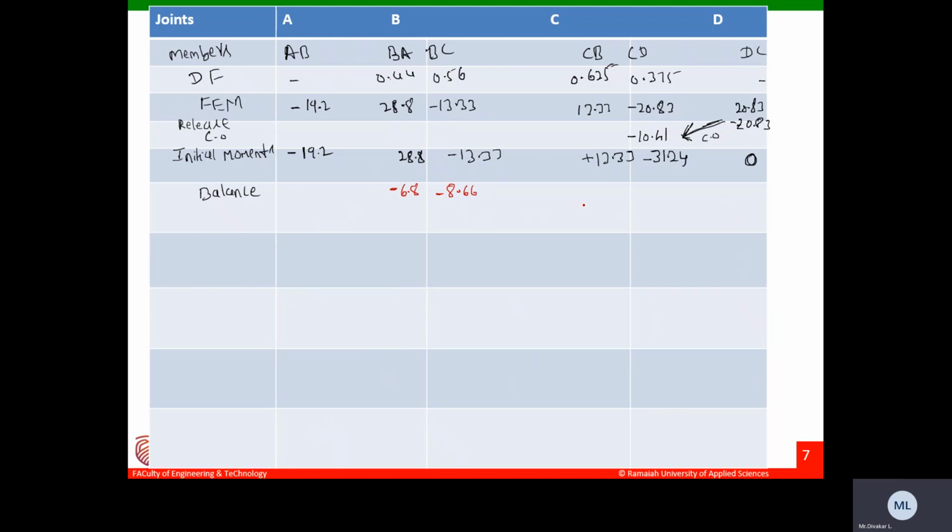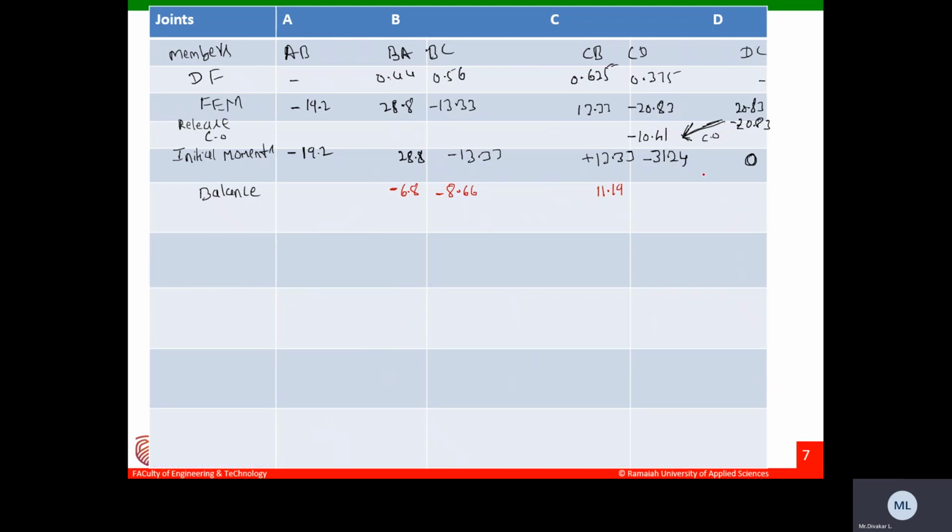Minus 17.91 multiplied with the 0.625. Change the sign, write down the values. How much will you get? 11.19. Change the sign, minus 11.19 you will get. Write down the values.